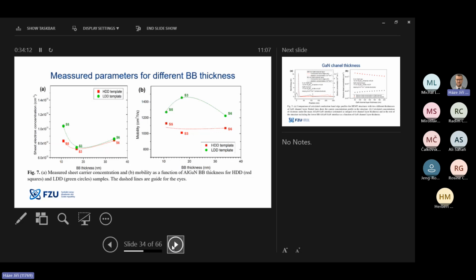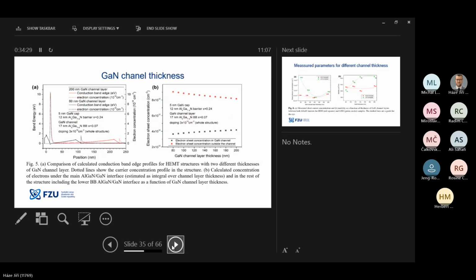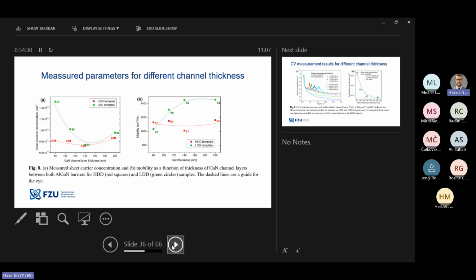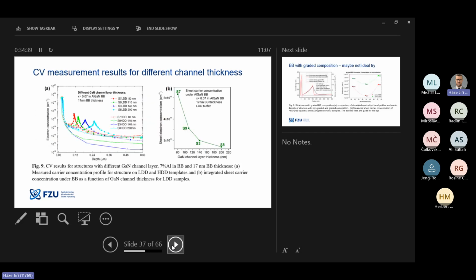What is interesting is that the back barrier almost doesn't work at all for high dislocation density samples. It works only in case you have a low density of dislocations. And the GaN channel layer was even more interesting, and we're not sure why it is.